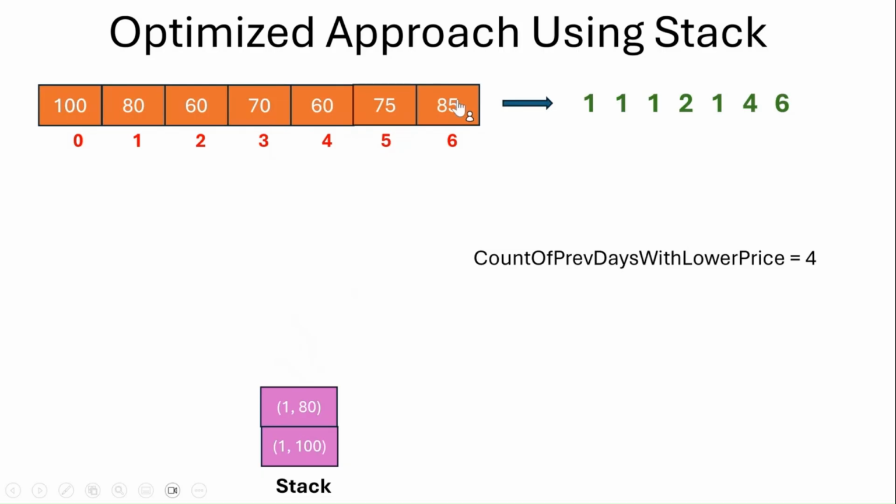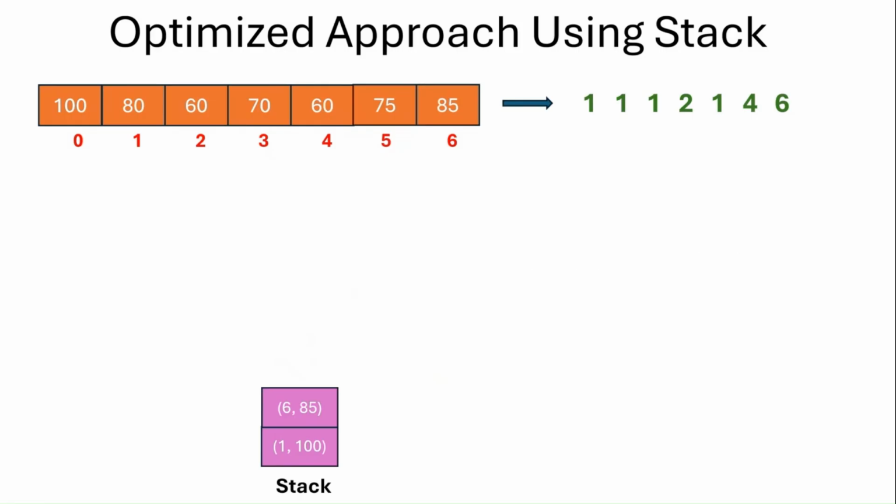We'll maintain that in a variable. Now 80 is also less than 85. So we'll remove this also, and 1 plus 4 is 5. Now 100 is not less than 85. So we'll add the 85 entry to the stack. What will we add? This 5 plus 1 for the current day. So 5 plus 1 is 6 comma 85.